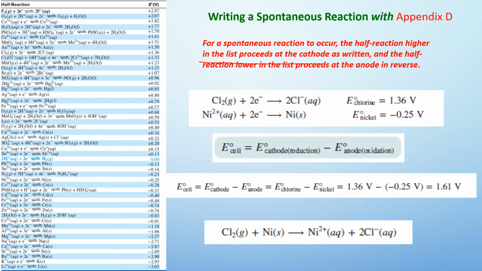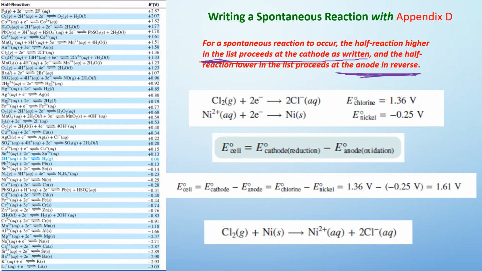Those half reactions listed higher in this table proceed at the cathode, which means it is the normal reduction, so we don't need to reverse this reaction. And the half reaction lower in the list is the anode, so we have to reverse it.